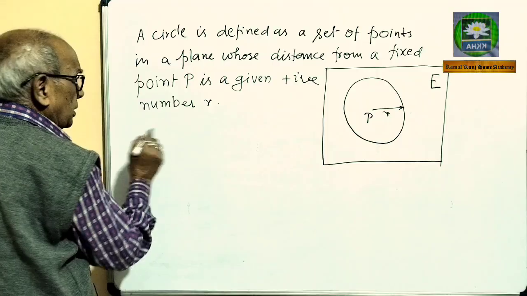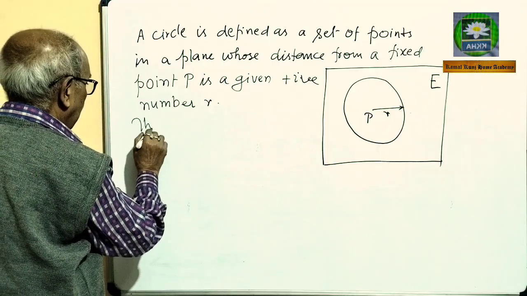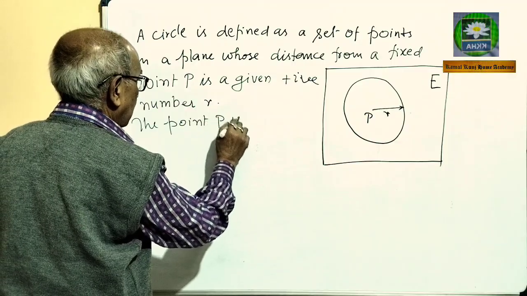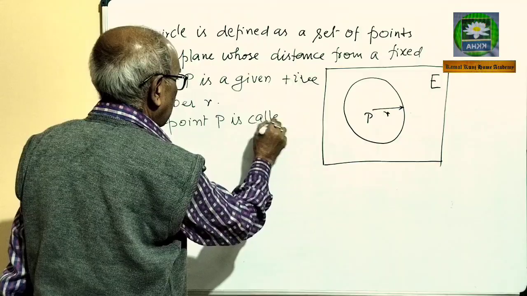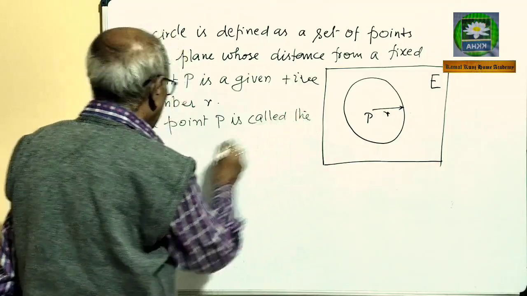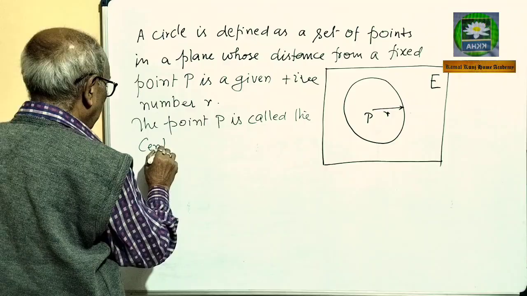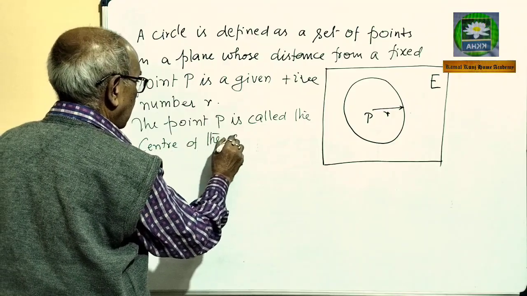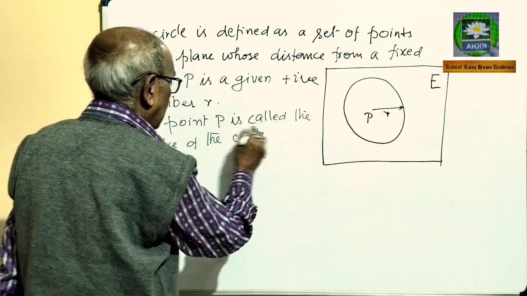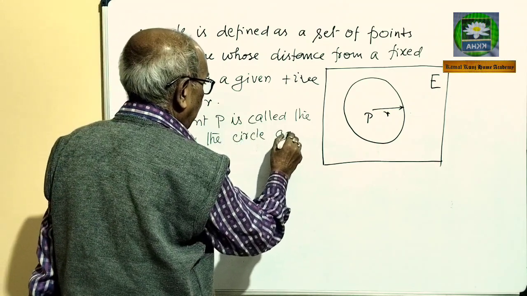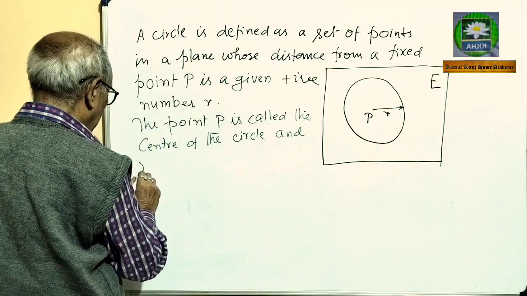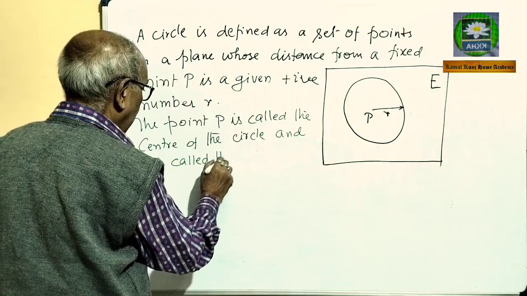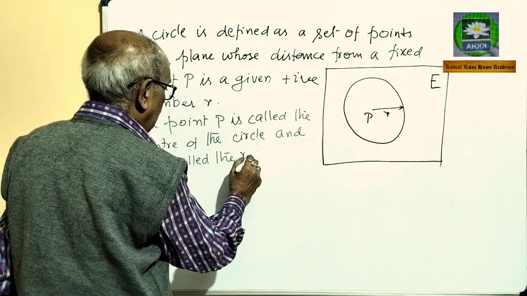The point P is called the center of the circle and r is called the radius of the circle.